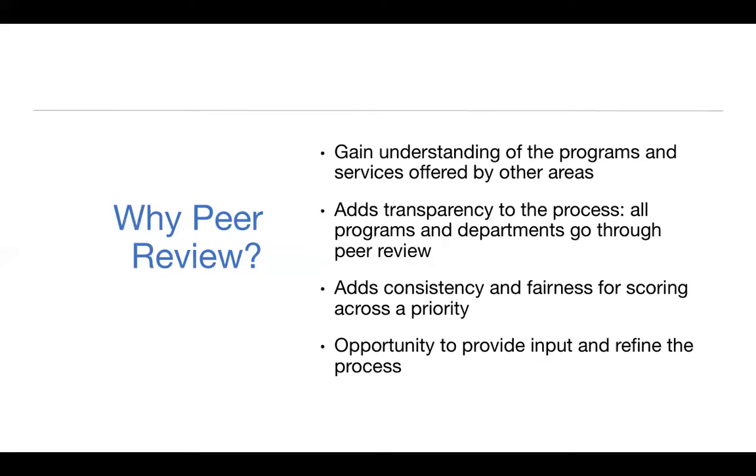Do all 40 of these programs, does that make sense that they're all a 4 when compared to each other? There may be one that sticks out that says, you know what, I don't think that library shelving has the same level of influence on safe community as patrol. I disagree that library shelving was scored a 4. That's a very extreme example, but just so you know, that's kind of how we get to look at this.